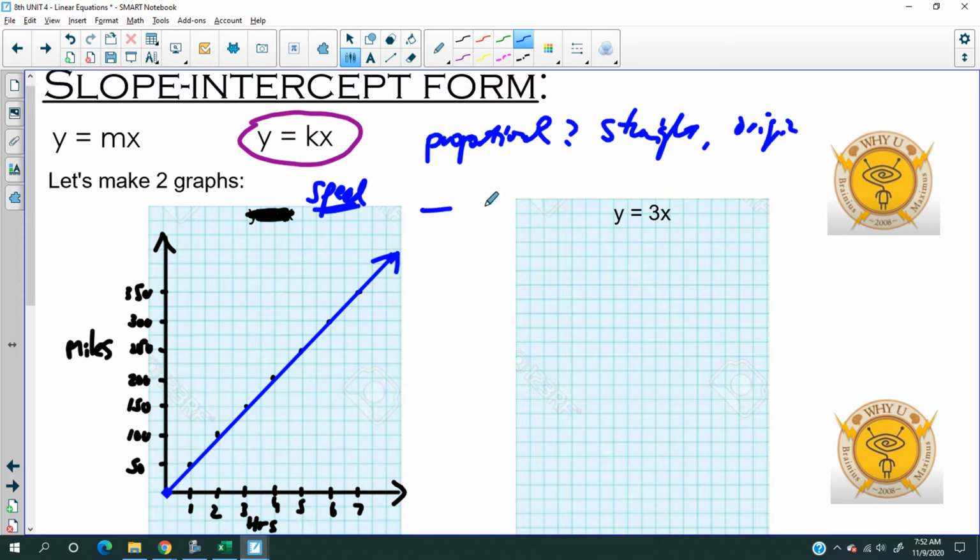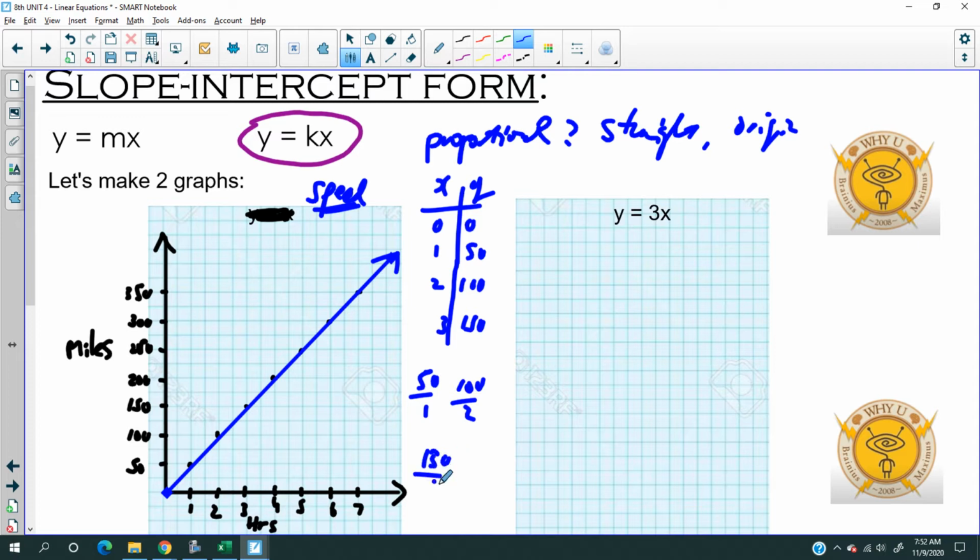So for example, if you were to examine the graph, it would be 0, 0, then 1, 50, 2, 100, 3, 150, and so on and so forth. These values are all proportional, because if you were to turn them into a fraction, they would all be the same fraction. It'll be 50 over 1, or just 50.